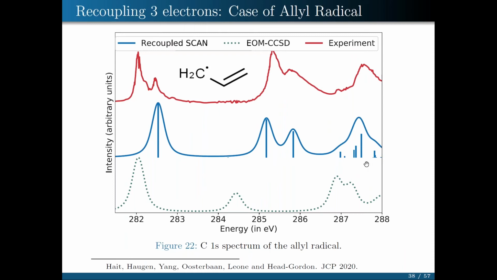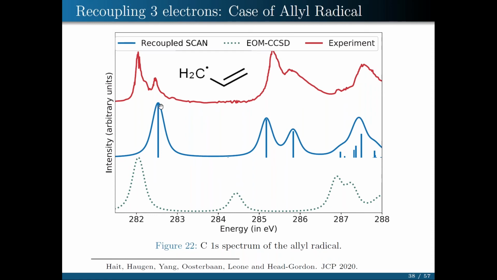We could also look at some more complicated systems like radicals and see how well our approach for recoupling three electrons works for predicting the spectra of open shell systems. We considered the case of the allyl radical, for which a high quality experimental spectrum was available. And we see that the prediction is pretty decent. It's not perfect by any means.